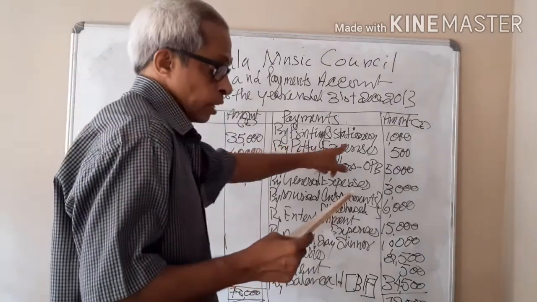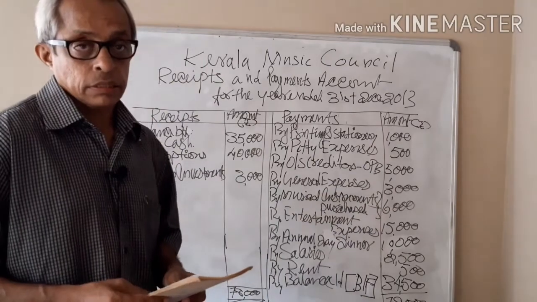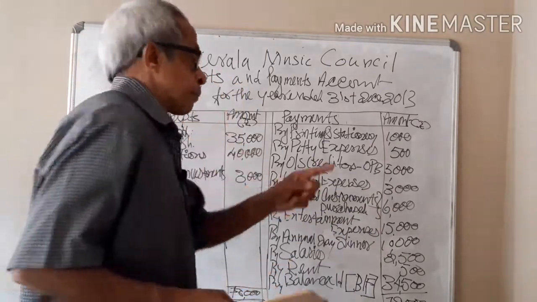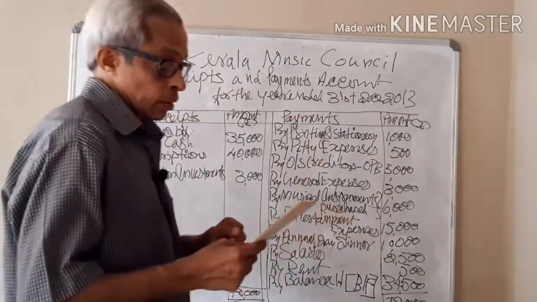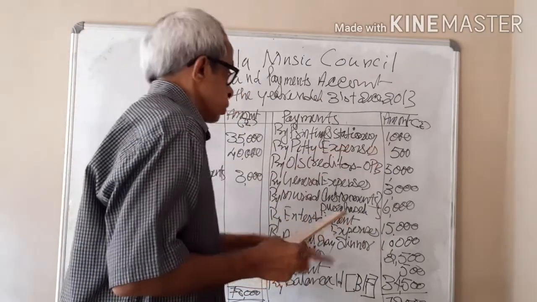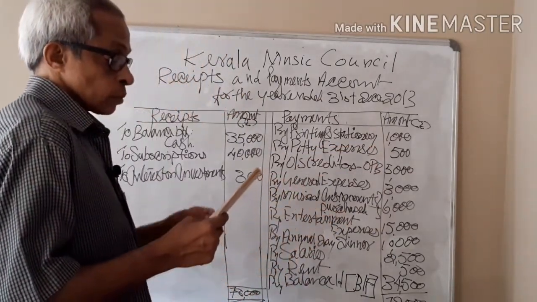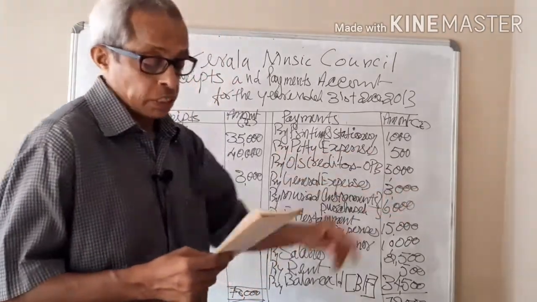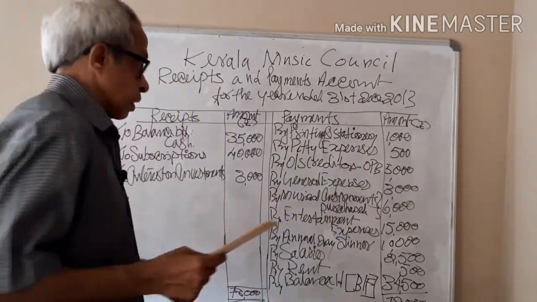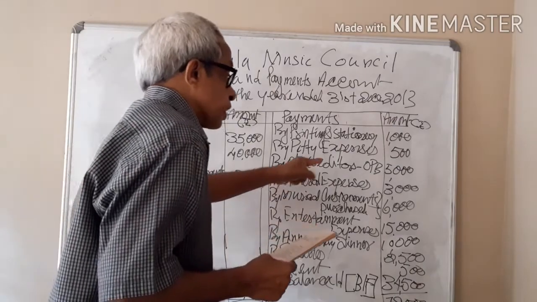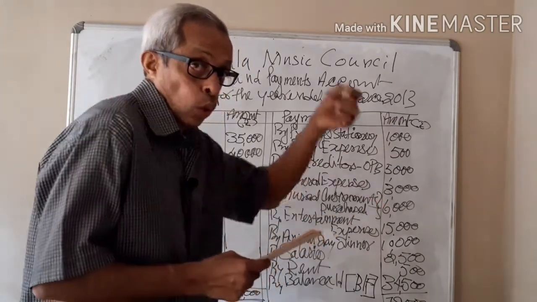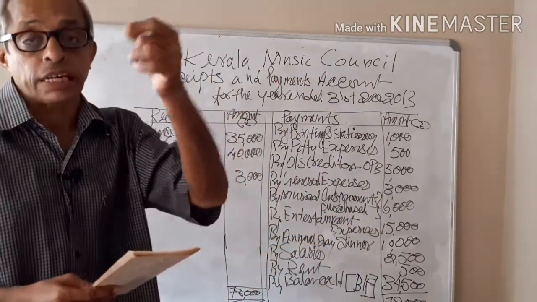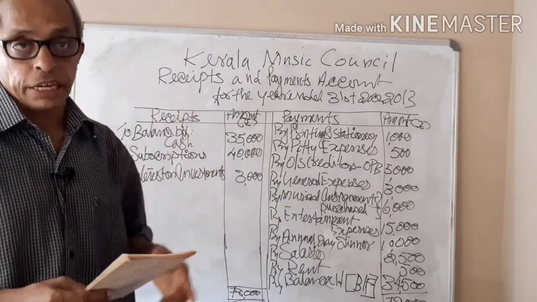Then we write the first item of payment, printing and stationery, that amounts to 1,000. Then petty expenses, that is 500. Then outstanding creditors, that is the opening balance of outstanding creditors paid during the year.